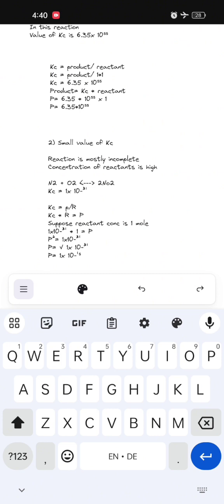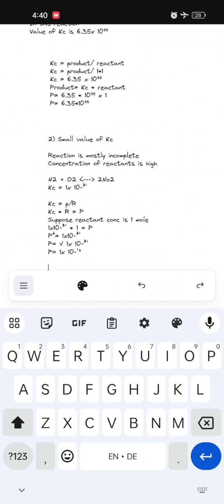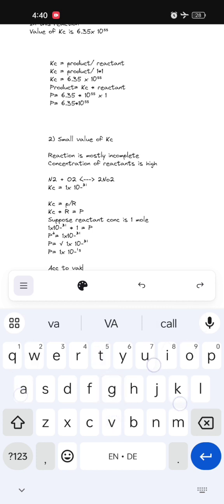So this means that the concentration of product we are getting is very small.